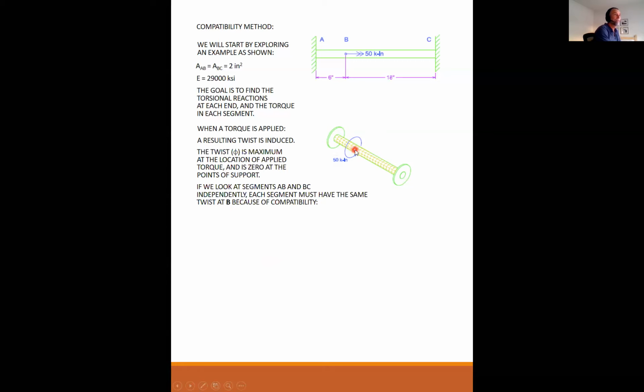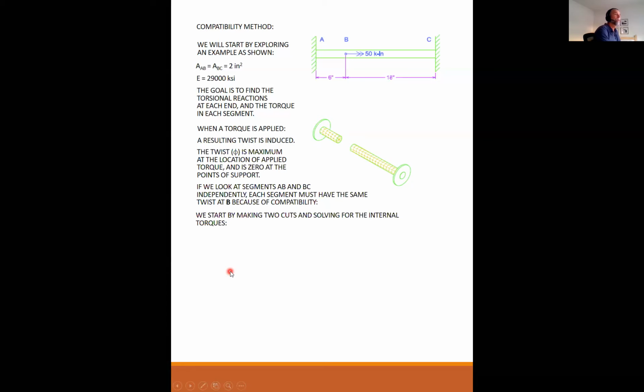You can't have something different happening on one side than the other side if it's all rigidly attached together. So we can, in our minds, virtually separate the two rods and look at the twist at B on segment AB, or look at the twist at B on segment BC, and they will be equal to each other.